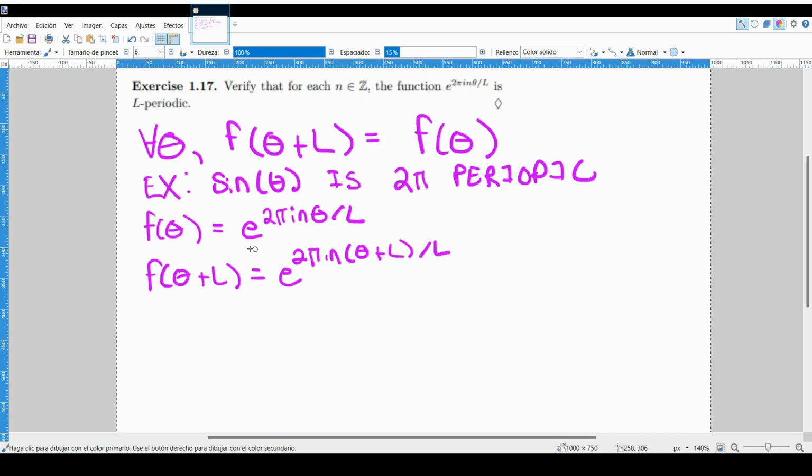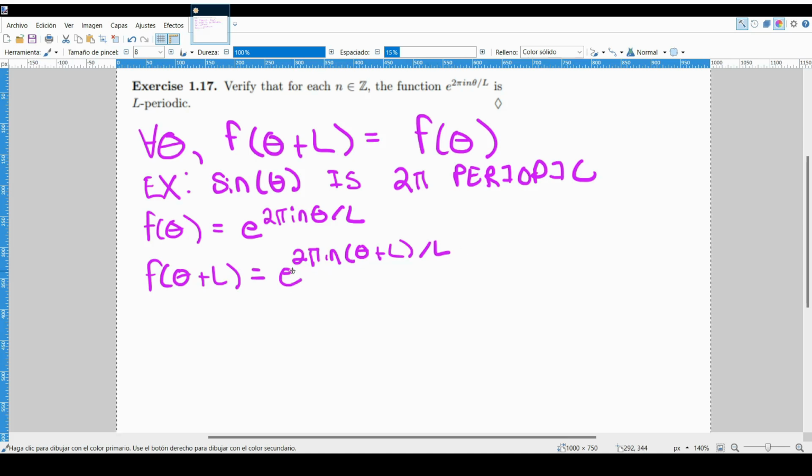Now we want to show that these two values are equal. There's not really much we can do here with f theta to change it around. However, with f of theta plus L, we can distribute this 2 pi I n across the theta plus L. Anytime you're trying to show that two things are equal, it's often a good idea to work with the one where there's something you can do to modify it, such as factoring or distributing.